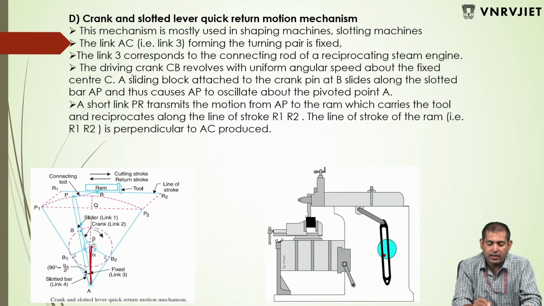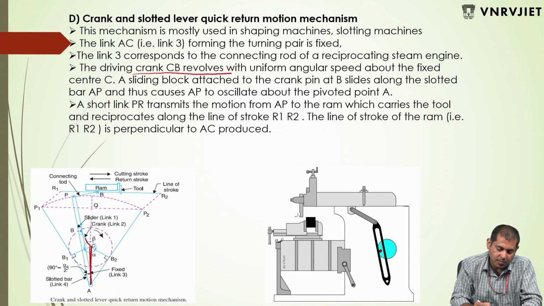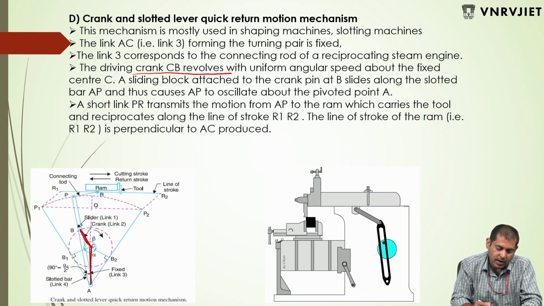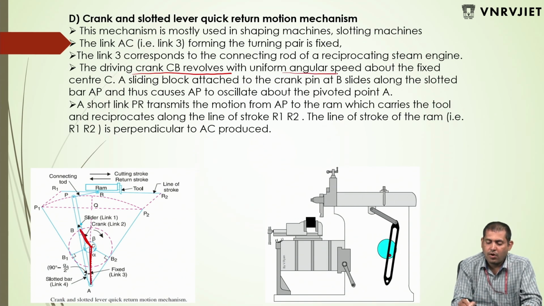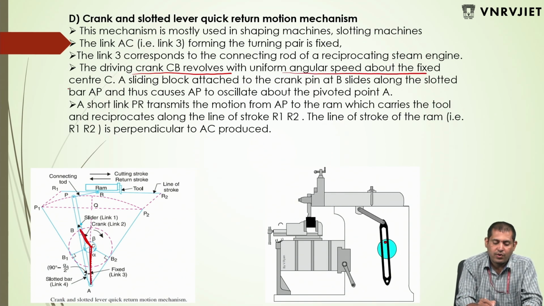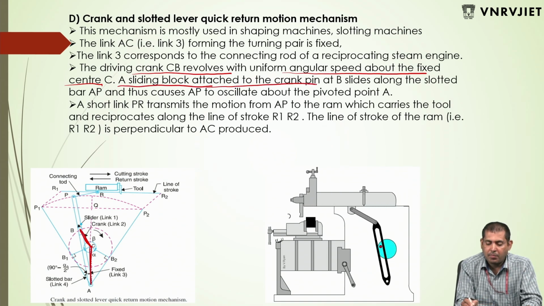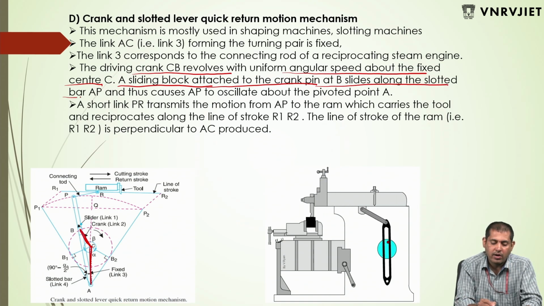The driving crank CB revolves at uniform angular speed about the fixed center C. C is connected to the fixed link and B is the slider. A sliding block attached to the crank pin at B slides along the slotted bar AP.